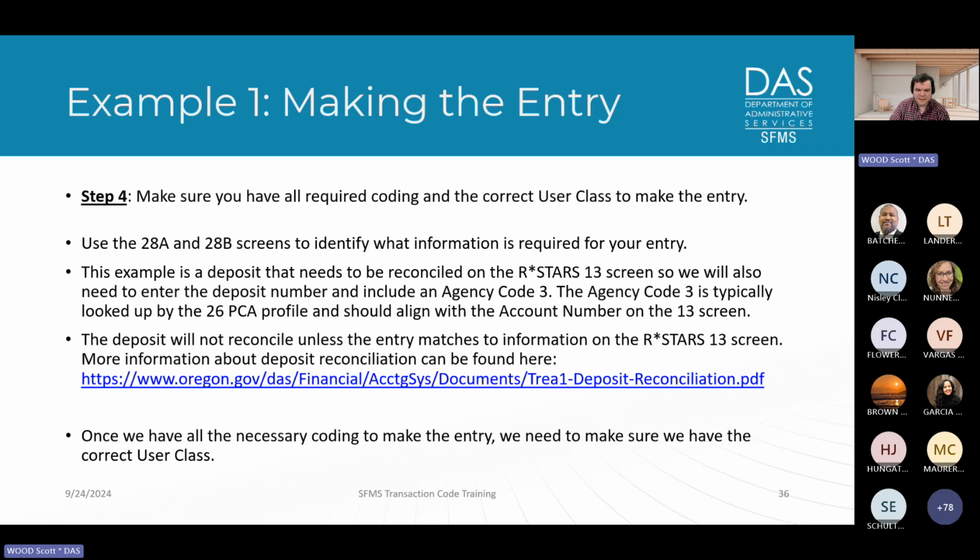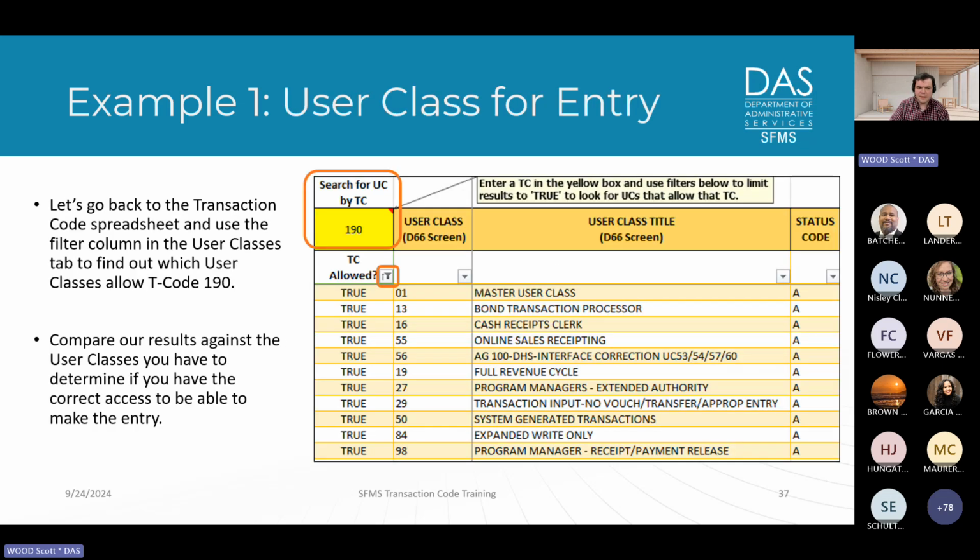Once we have all the necessary coding to make the entry, we need to make sure we have the correct user class. If you tab over to the user class tab on your RTC spreadsheet, you'll be able to look up all the different user classes used by TC190.